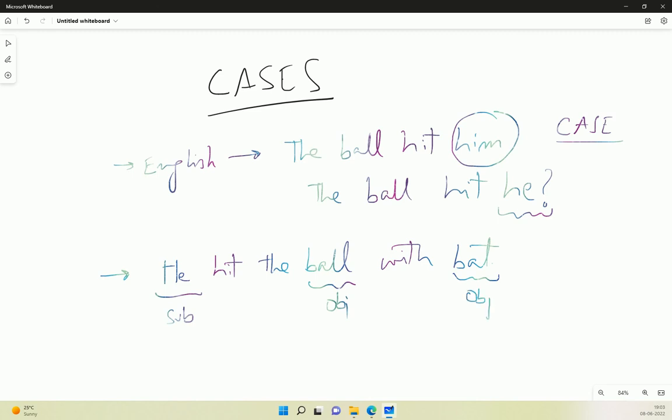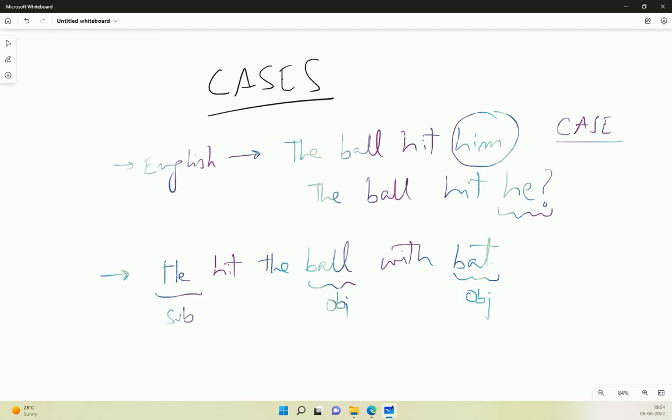Right. The bat is the direct object, and the ball is the indirect object. Or vice versa? No, I think because the bat is in contact with the subject, that is why it is the direct object. He hit the ball.